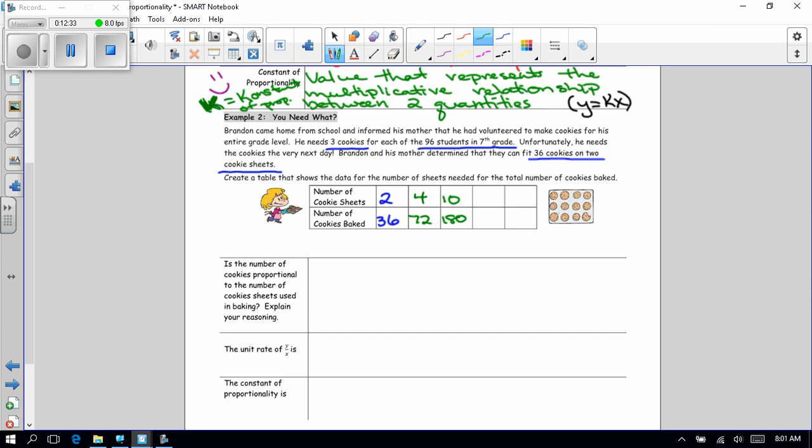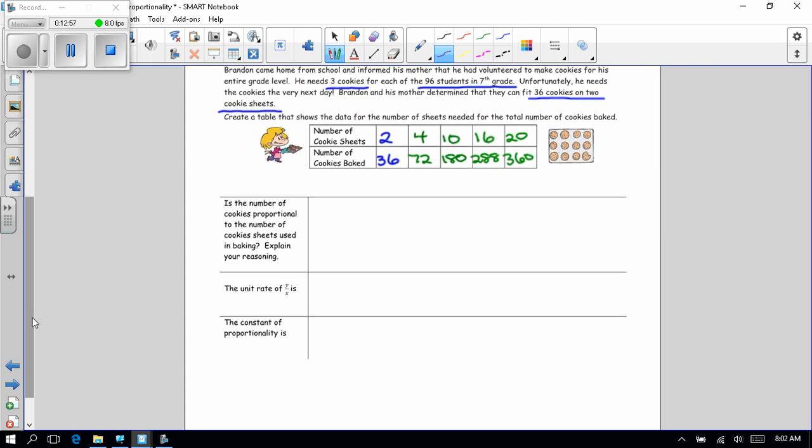Let's suppose they did 16 cookie sheets of cookies, 288 cookies. And let's just go really crazy. They used 20 cookie sheets. They would have 360. That ratio, that proportion has to stay the same. So is the number of cookies per cookie sheet, right? Is that proportional? That's that first question. Yes, it is. This is proportional.